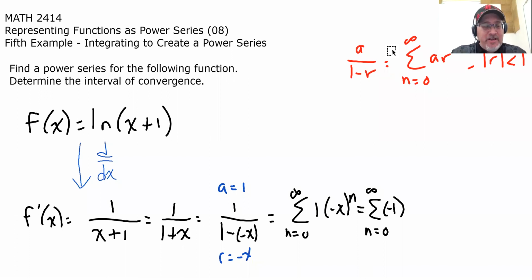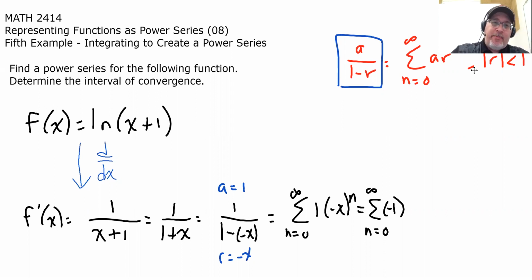So as I was saying, we took the derivative of our function, recognized that the derivative had the correct structural form to look like the sum of a geometric series, a power series, if you will.